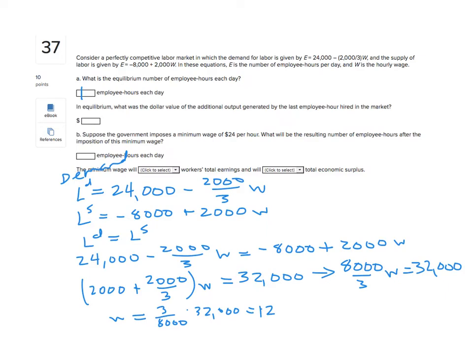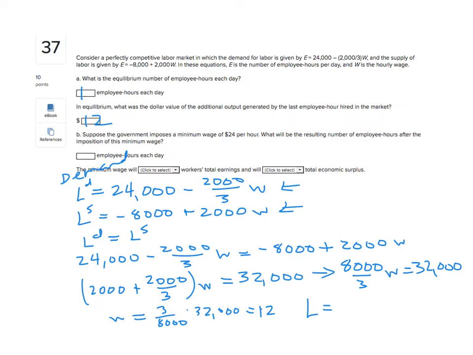In equilibrium, what was the dollar value of the additional output generated by the last employee hour? Remember that the demand is the value marginal product. So that's just another way to ask what the market clearing wage was. That's 12. But we have to find the quantity of labor at equilibrium, and we can do that by plugging 12 into either labor demand or labor supply.